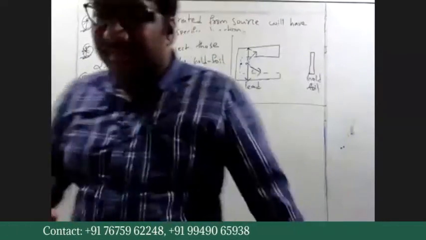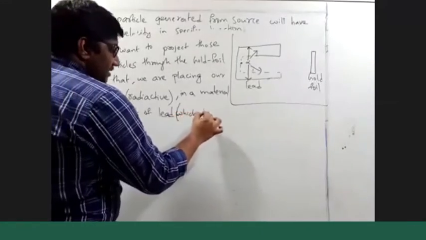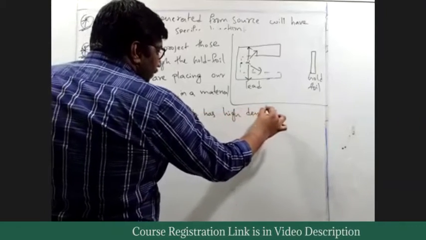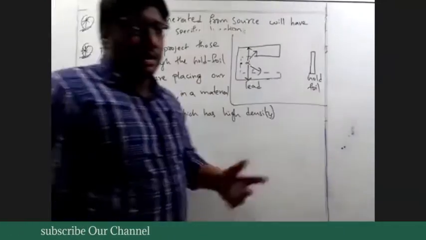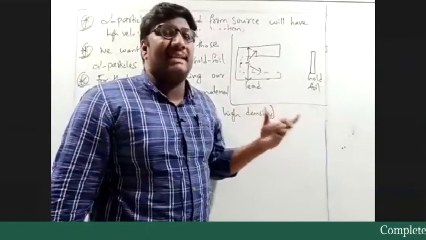Lead has high density, so we don't need the values. You don't need to worry about the value of density. So why are we considering lead? Because lead has high density.